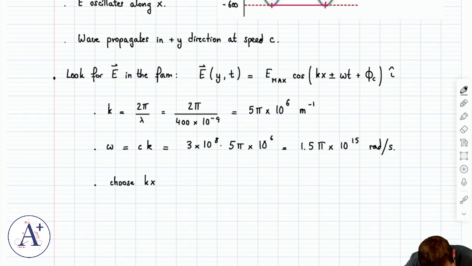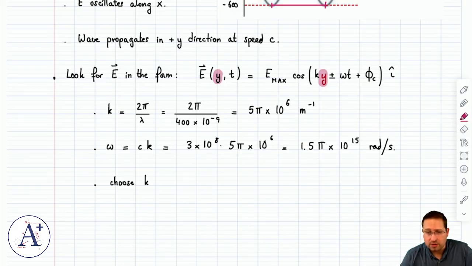kx. Now, I'm sorry. See, I made a mistake. I always tell students not to make the mistake, and then I made it. It should be ky. If it's y here, it's y here. That's the direction, the axis along which you propagate, which is the y-axis. Sorry, it's so common to write kx plus or minus omega t that I lost track of that.